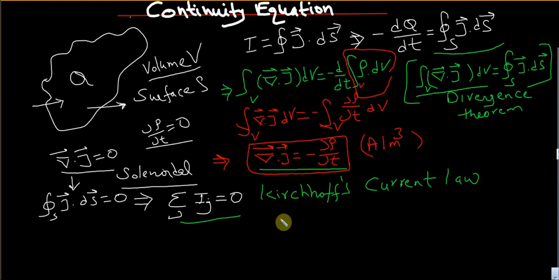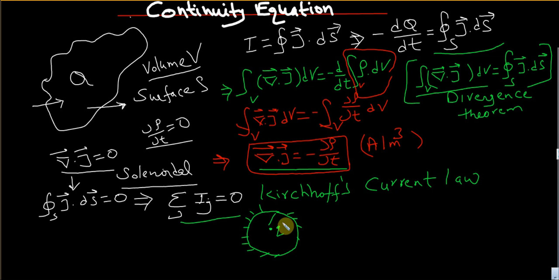Let us say we have a hollow conductor. If you put a small charge q here, after a fraction of a second it will be distributed on the surface. If this is a hollow conductor and you put a charge here, in a fraction of a second it will be distributed.